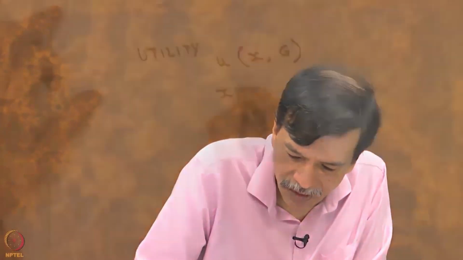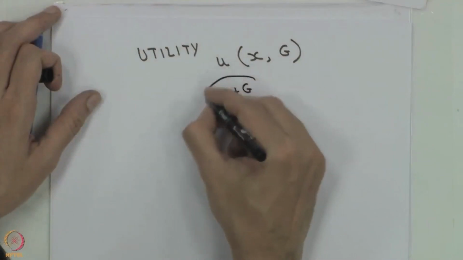So if we look at G being, let's say, air quality, let's say some facilities which are being provided, which are enjoyed by everyone, which are non-rival, non-excludable, and the total income that we have, which we are paying, is going to be X plus G is what we are spending.